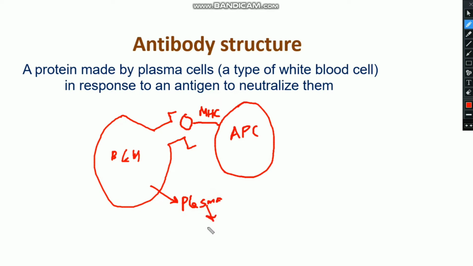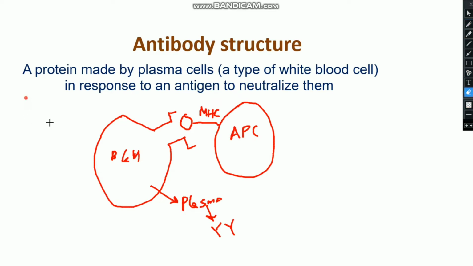This antibody is very specific to this kind of antigen, but not any other kind of antigen, so it can bind only this special kind of antigen. Alright, so this is the basic principle of antibody generation.